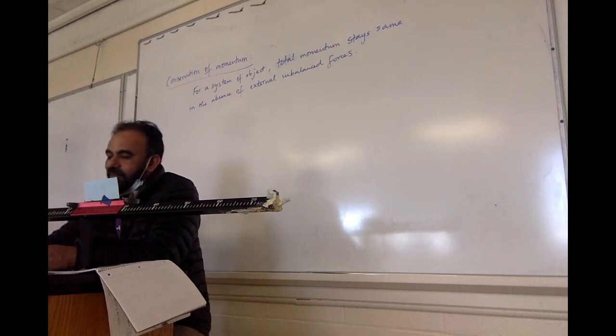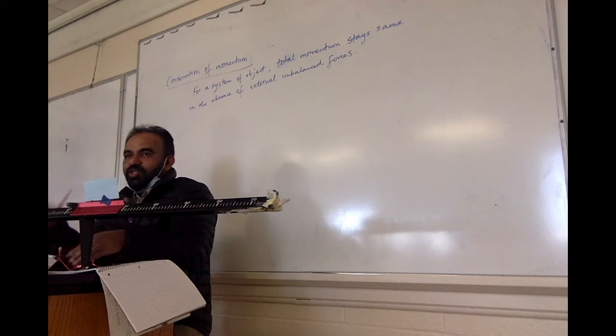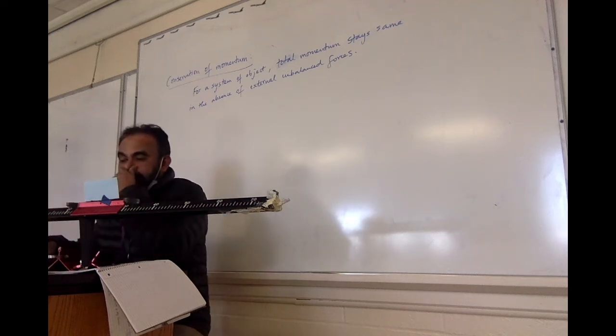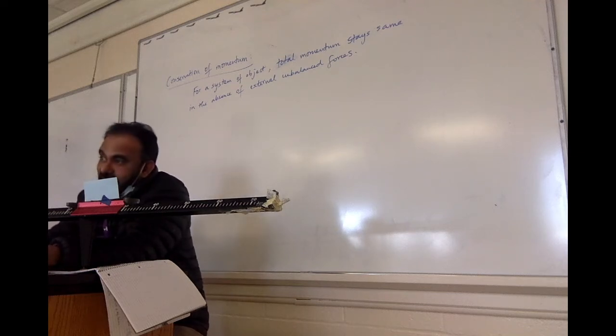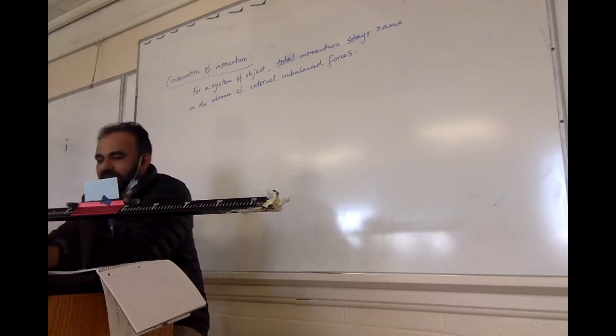Now, what if I take one from here this way and one from here this way? Each one is passing its energy to the next one, and you can see that is going on. Now, what if I take two from one side and one from the other side? Two and one, and two and one.